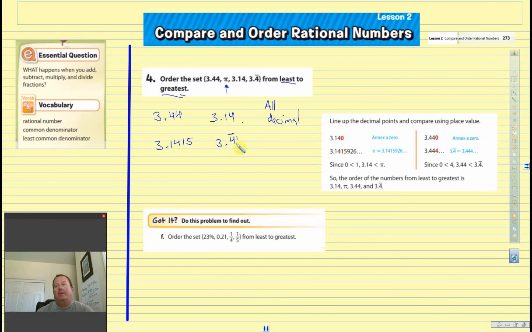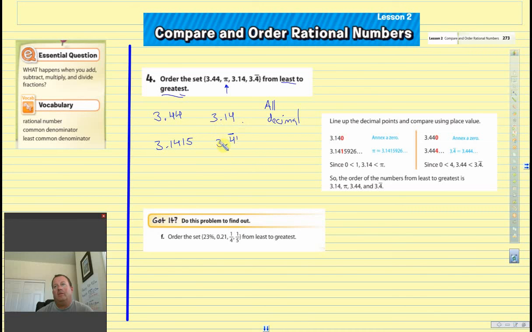Well, we look at these, and you're always going to look at the very first. Look at all the tenths first, and you can start to organize these up. Okay, 3.14, 3.14, they're going to be right next to each other. 3.4, 3.4, they're going to be right next to each other. But right away, these are greater than the pi and the 3.14.